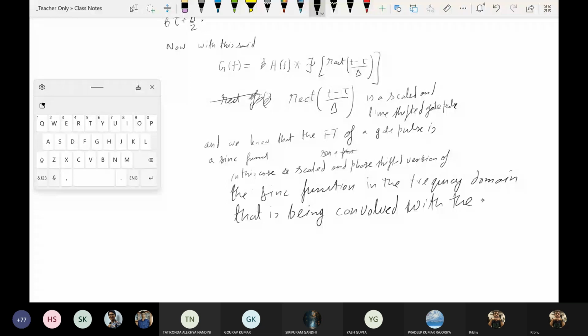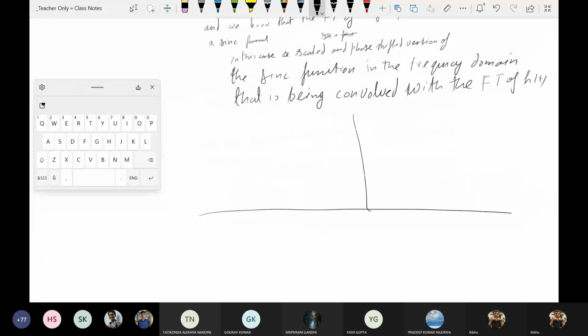Now we know that the sinc function looks like this.